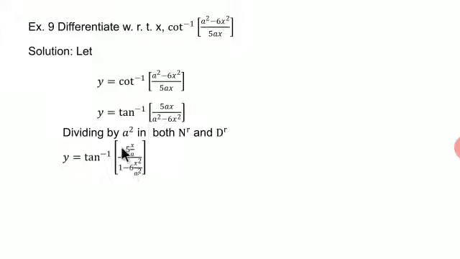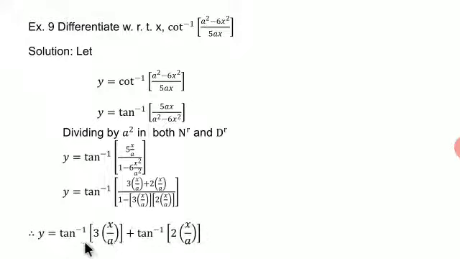Now we split this 5x upon a and 6x square upon a square: the sum of the two terms is 5x upon a and the product is 6x square upon a square. So such two terms are 3x upon a and 2x upon a, and hence we get y is equal to tan inverse of (3 into x upon a plus 2 into x upon a) divided by (1 minus 3 into x upon a into 2 into x upon a).